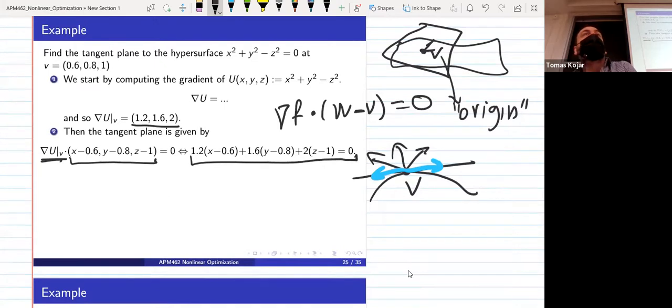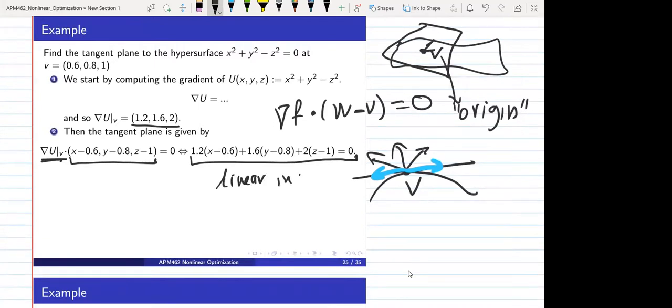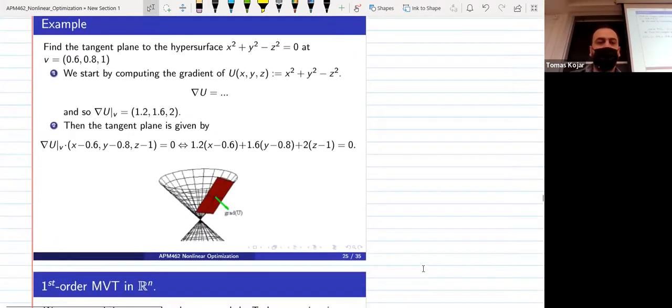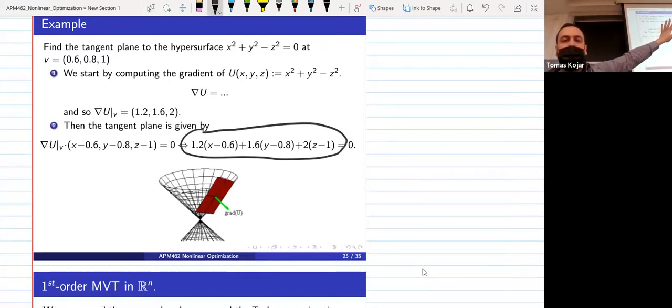It's a linear equation in x, y, z, and it will give you the following picture. This is the function, and this plane is parameterized by this. So it gives you the tangent plane.